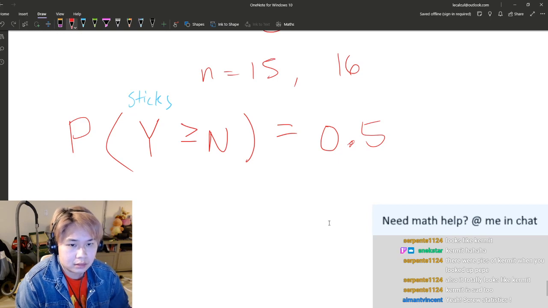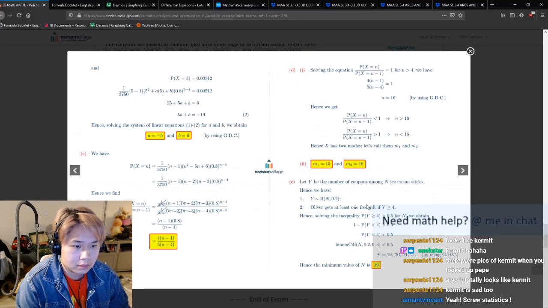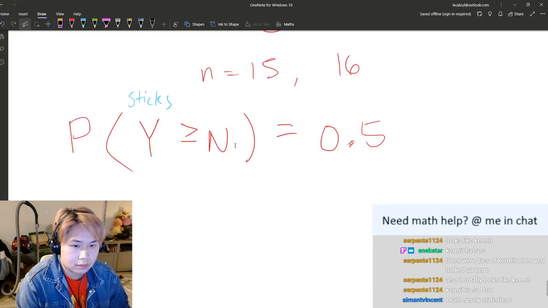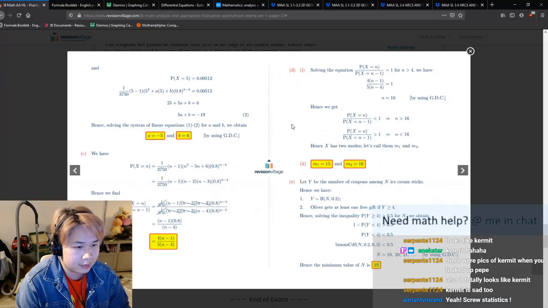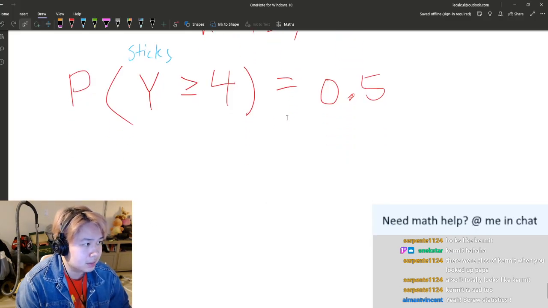And then we want to find out when he has at least 4 sticks, the probability is 0.5. So this is easy because that's binomial. Because either a stick is coupon or not coupon.